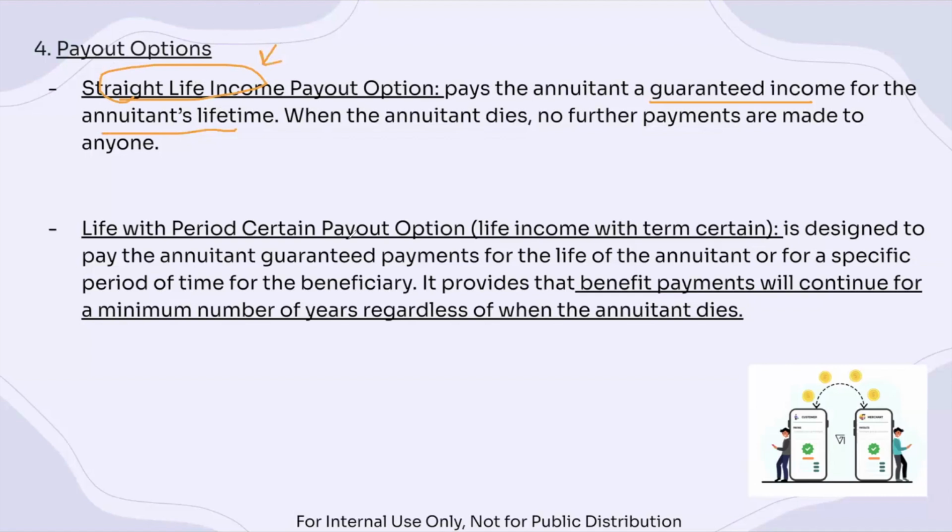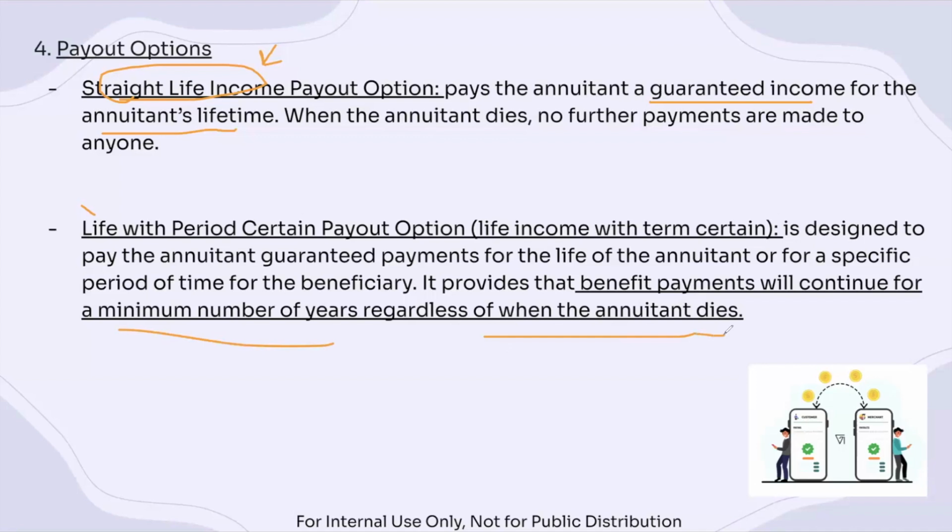We also have the life with period certain payout option. This is designed to pay the annuitant guaranteed payments for life, and for a specific period of time for the beneficiary. The good thing is that it provides benefit payments that will continue for a minimum number of years, regardless of when the annuitant dies.